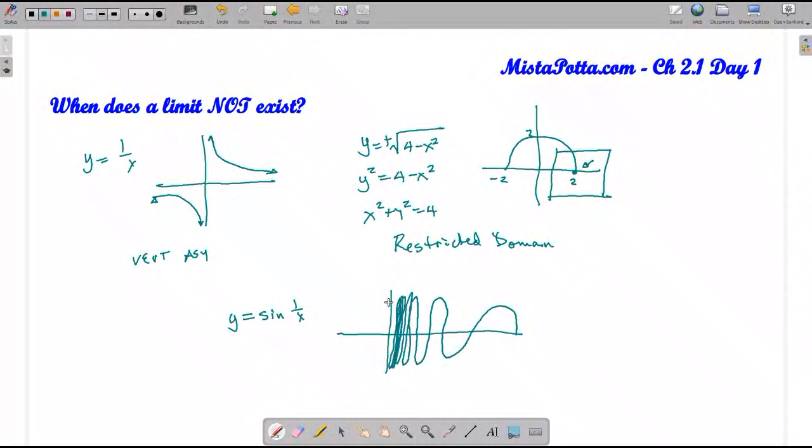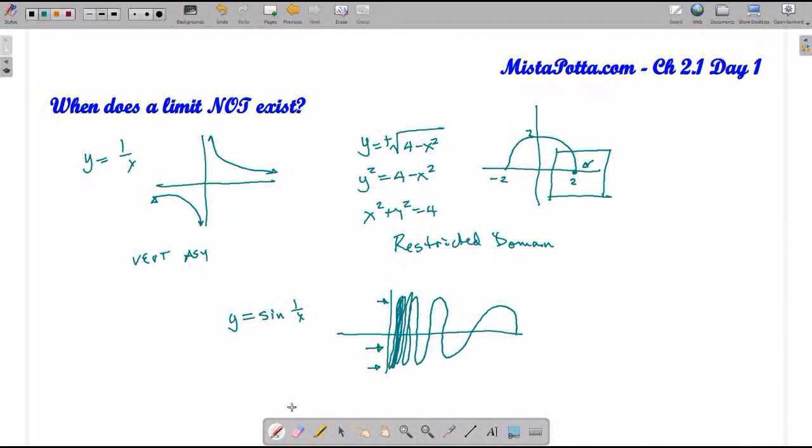So the question is, do I hit here at 1? Do I hit here at negative 1? Or do I hit somewhere in between? And the fact is there is no one spot where we can be considered to hit. There is no one spot where the hole is.